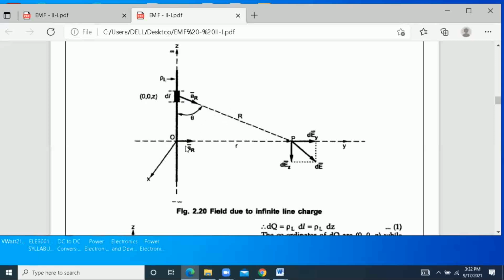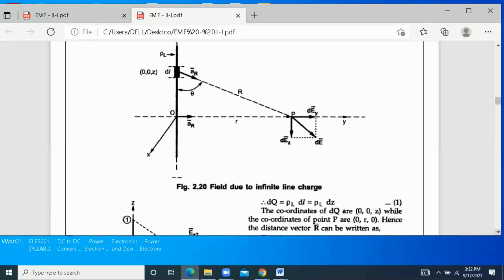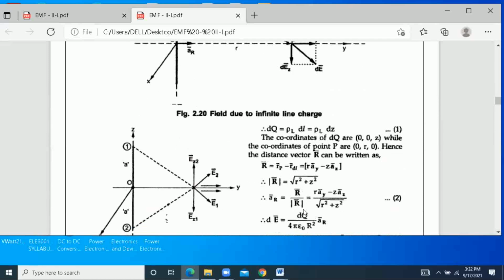And your vector R is the hypotenuse of your r and your z. So R is the square root of r squared plus z squared.